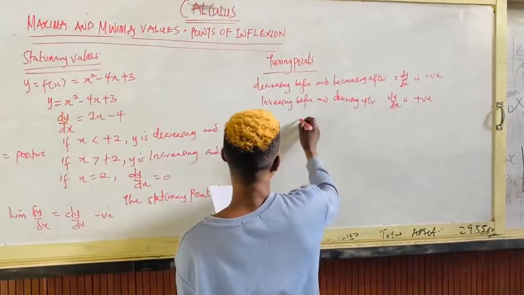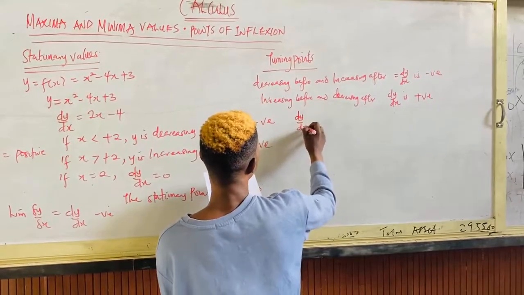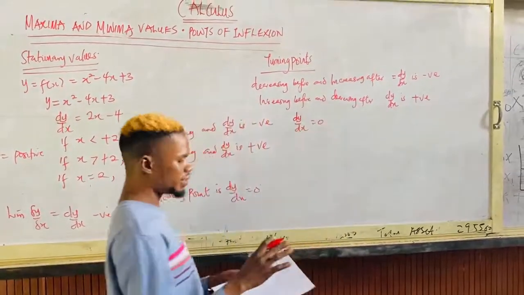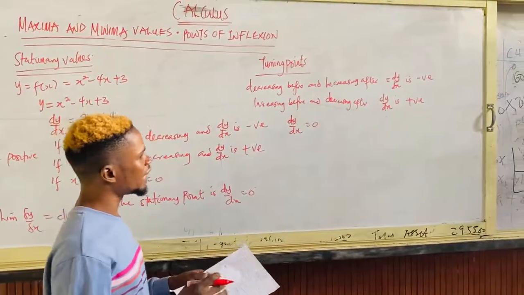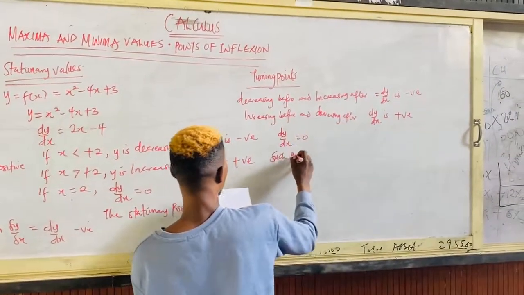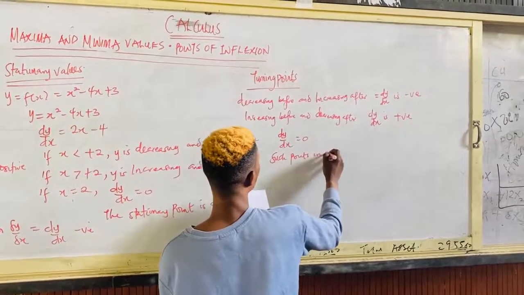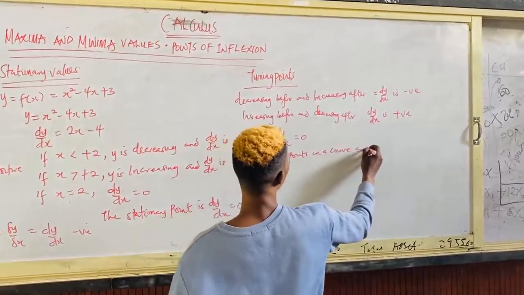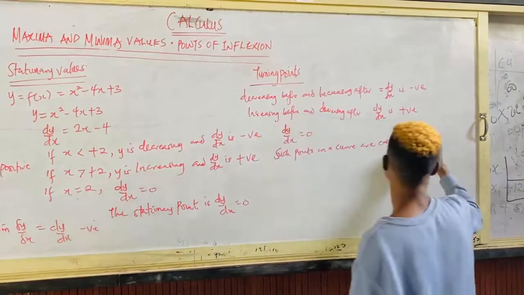Now if dy dx is equal to 0, neither increasing nor decreasing, and it changes sign, such points on the curve are called the turning points.